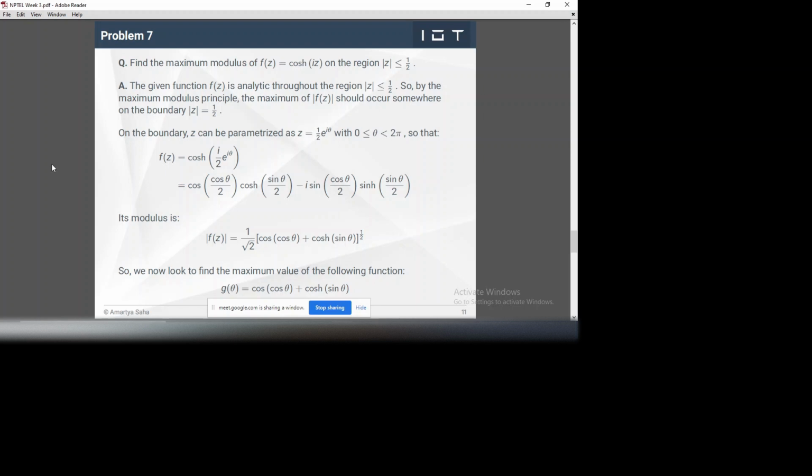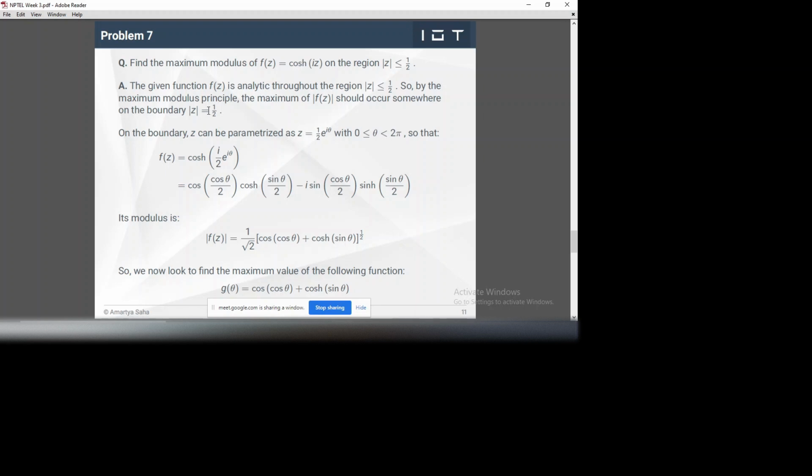So again, let us parameterize. Since we know from the maximum modulus principle that the maximum will occur on the boundary, we will not bother about the interior of the region. We will only think about the circle.